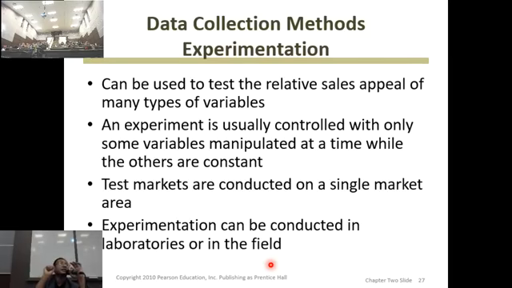Then you see how much sales packaging A generates, how much packaging B generates, and so on. Then you can say maybe packaging B is better compared to the rest. So this is experimentation. You experiment, you try.